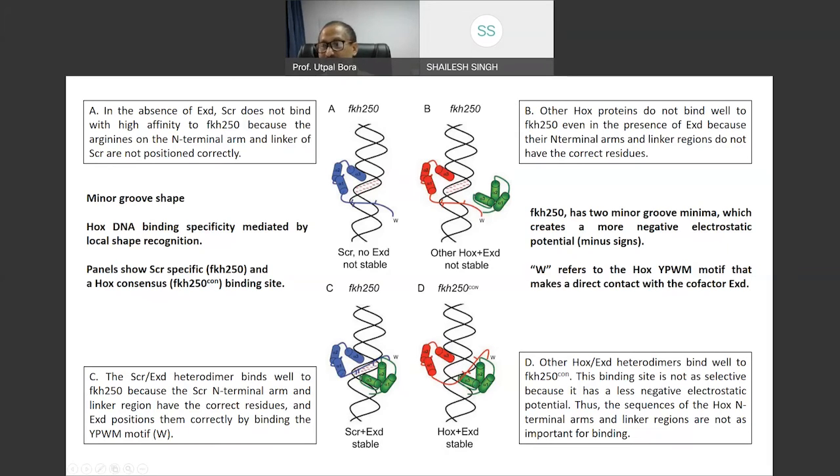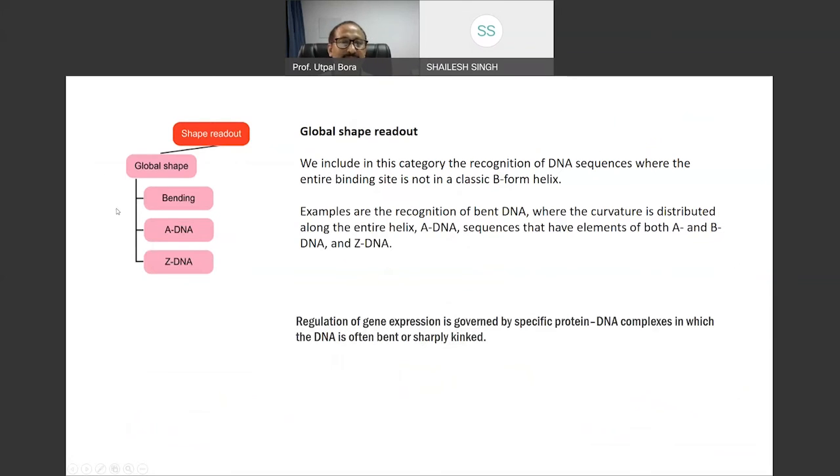So due to this, the binding is happening because this binding site is not as selective because it has a less negative electrostatic potential. Thus, the sequences of the Hox N-terminal arms and the linker regions are not as important for binding in this particular case. So there are various examples of local shape readout, but let us stop with this particular example.